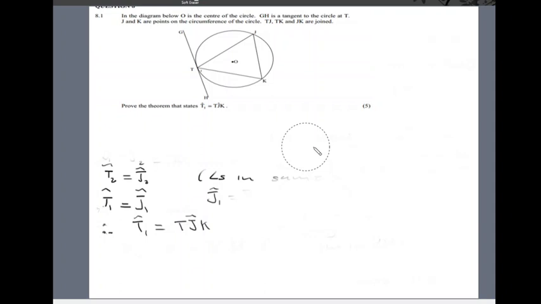So that was one way of doing it, by constructing a diameter. And then another way of doing it is to construct a triangle like this. Construct TO and OK, right?